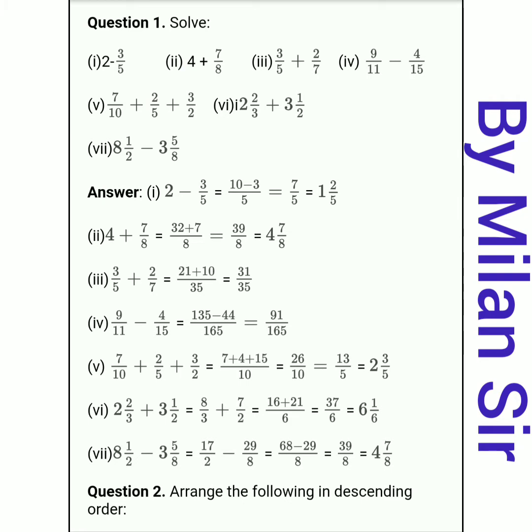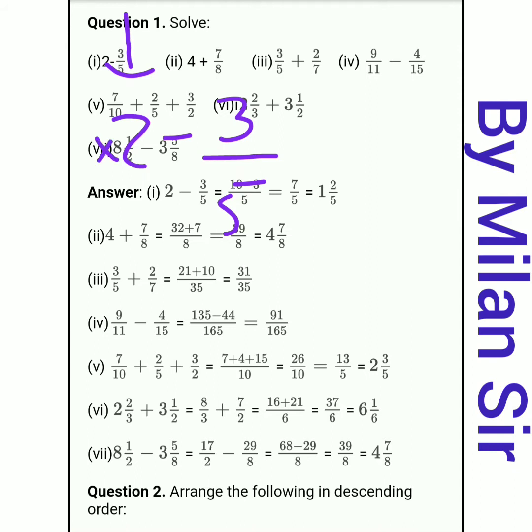Our question number 1 is 2 minus 3 upon 5. So first of all, we need to take the LCM here, right? LCM means we want the same denominator. So how can we put denominator 5 here?